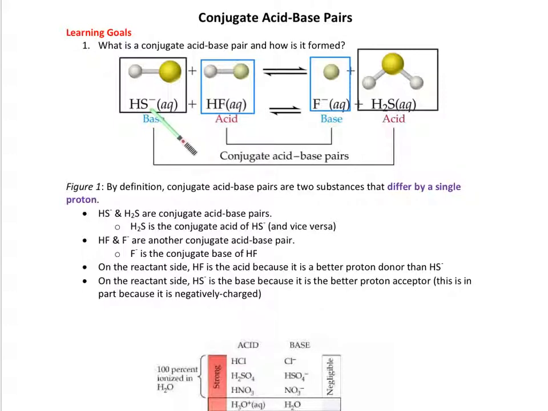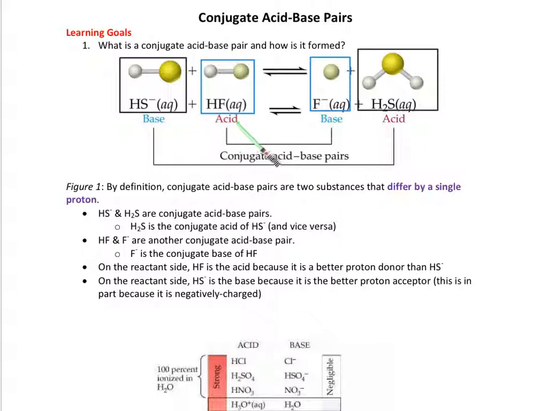And one sign of something that is capable of accepting protons is that it has a negative charge. That's not to say that all negatively charged ions are proton acceptors, but certainly something is a better candidate to be a base if it is negatively charged, because it will be able to accommodate the extra positive charge that a proton brings.